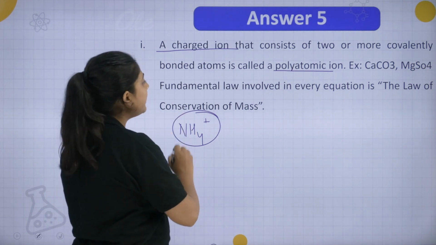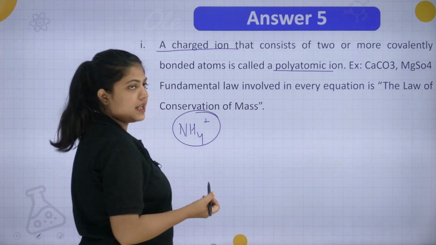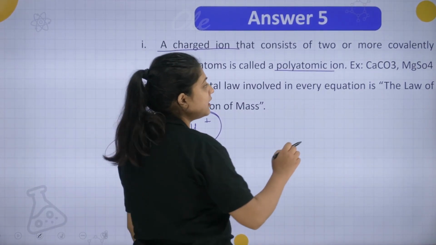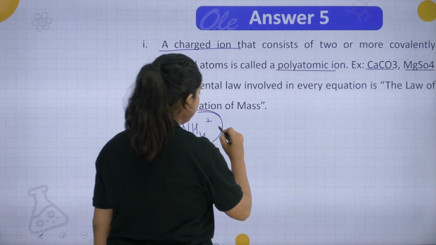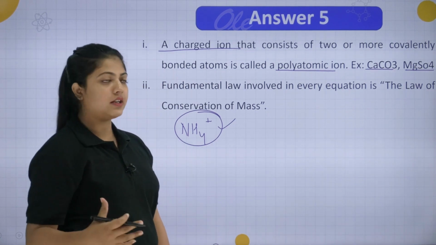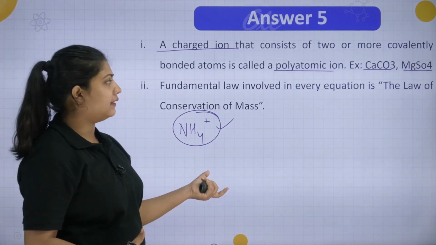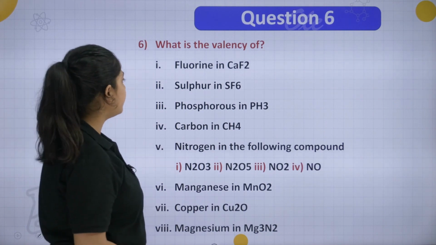The fundamental law involved in every equation is the law of conservation of mass, as I have already told you. Instead of giving those examples, this example is far better as a polyatomic ion.